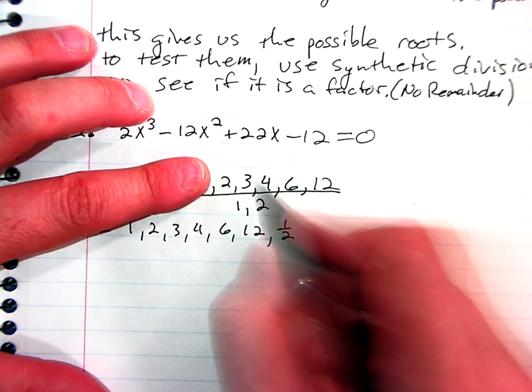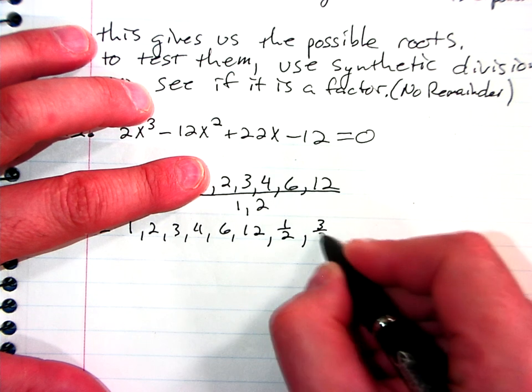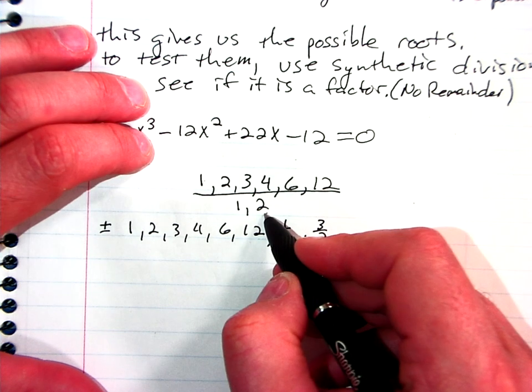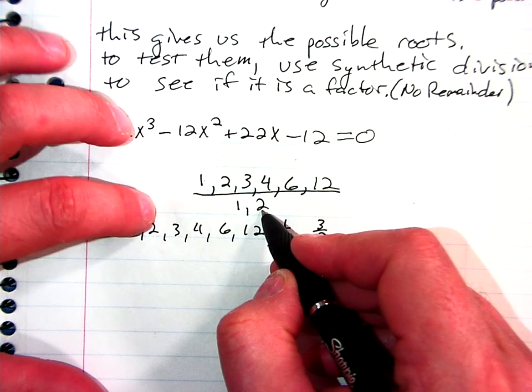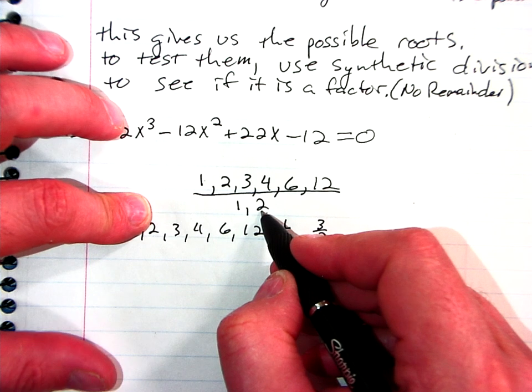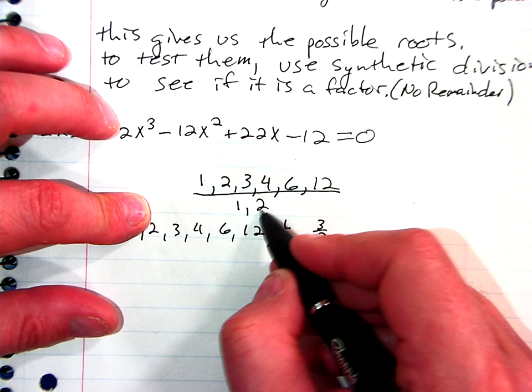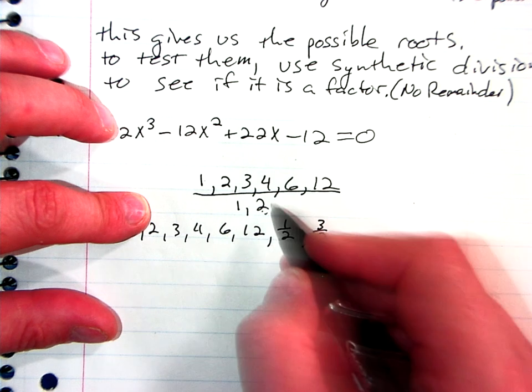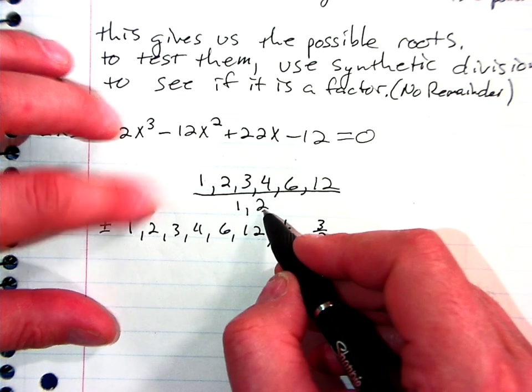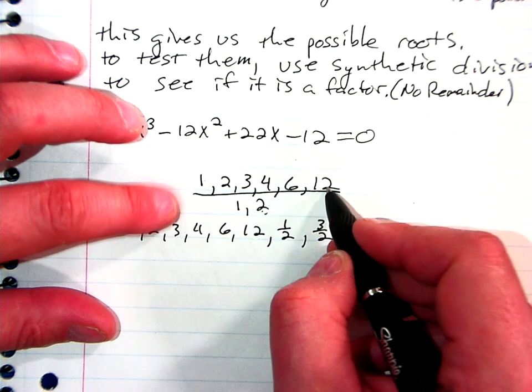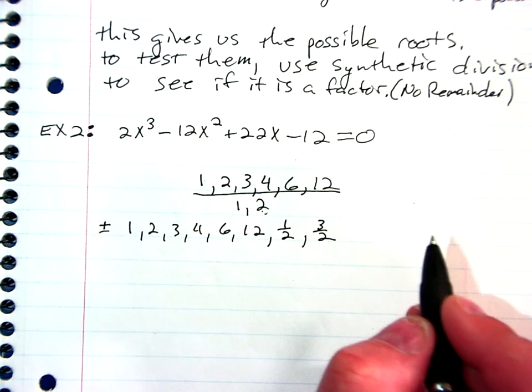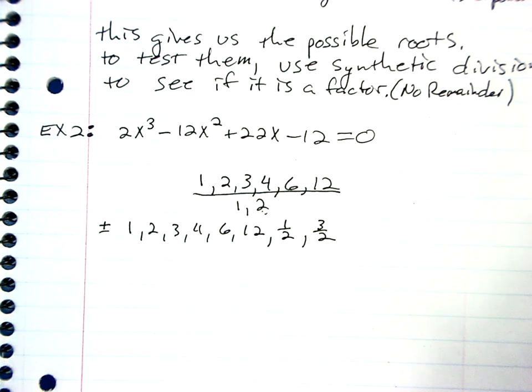We already wrote that. 3 divided by 2 is 3/2. 4 divided by 2 is 2. We don't need to write that. It's already written. 6 divided by 2 is 3. That's already written. 12 divided by 2 is 6. That's already written. So those are all your potential roots.